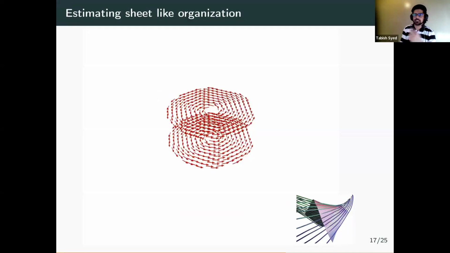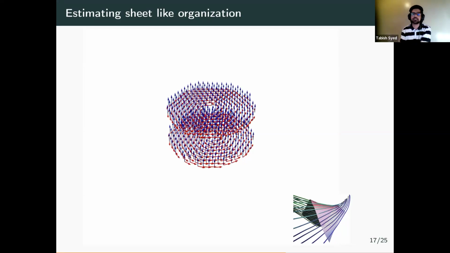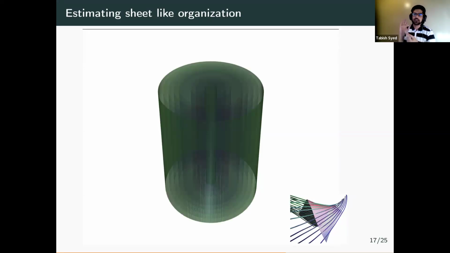So if you had something like this, which is a circular vector field, which is your given vector field, you want to estimate another vector field which is orthonormal to this, which would be, for example, in this case, an axial vector field going along the z-axis, and then the sheets would be ones that are locally tangent to this frame. And then you can do this everywhere.